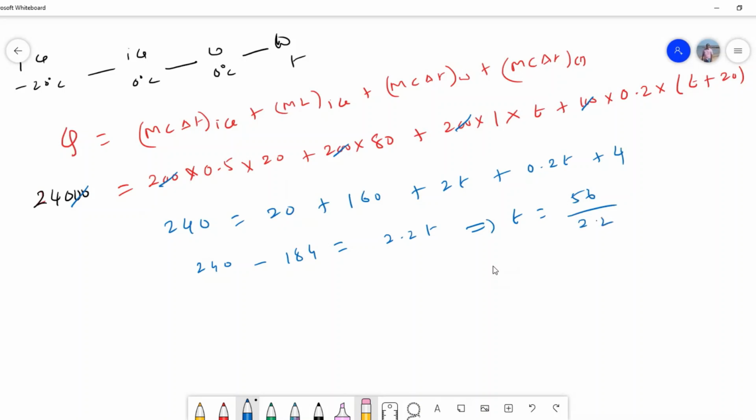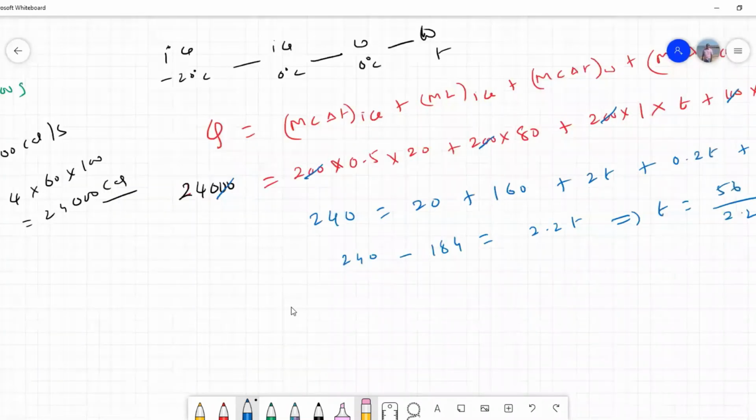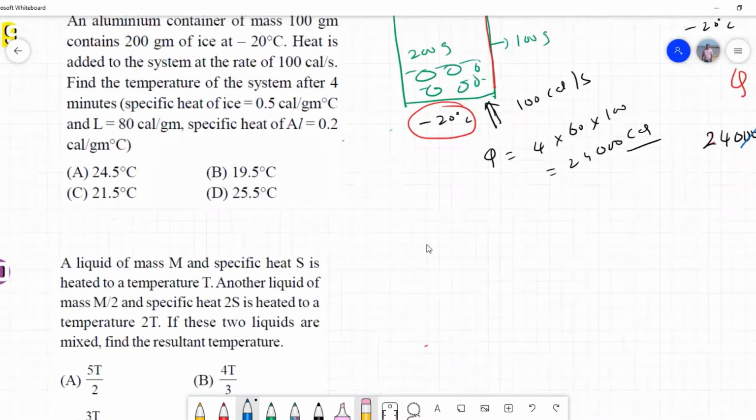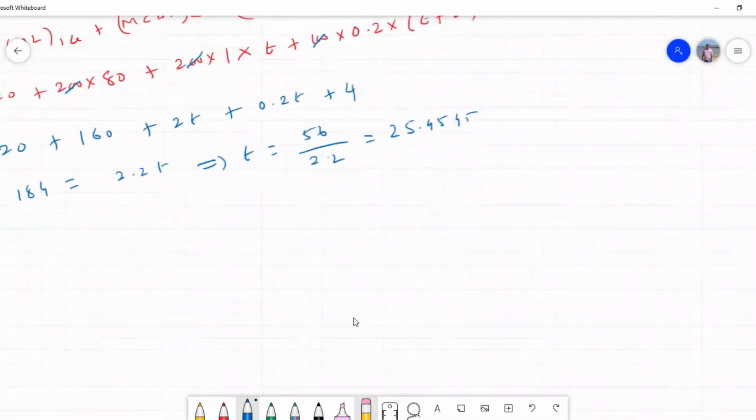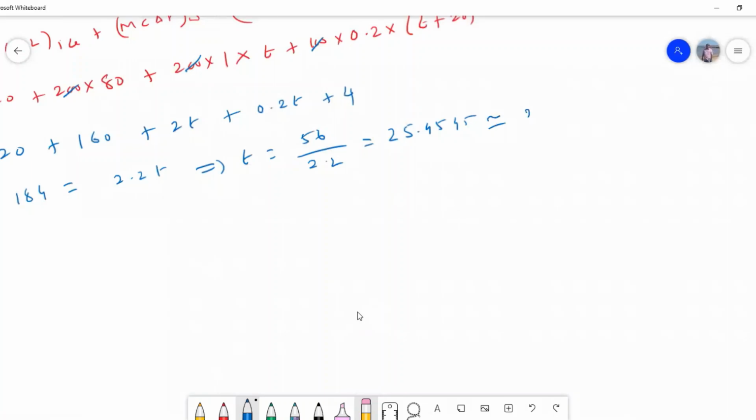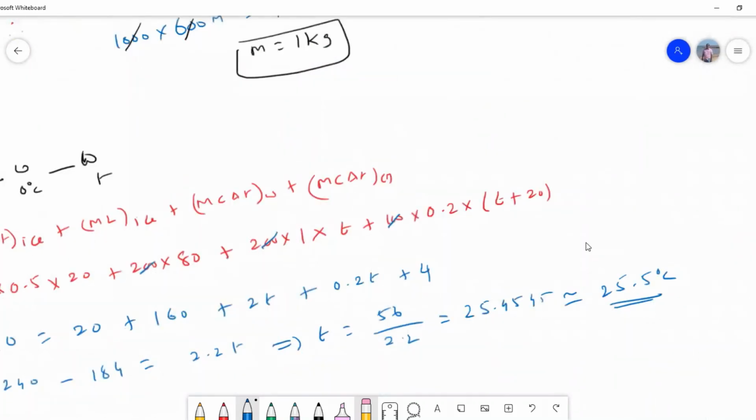So this will be around 25.4545 something we will get. So let's see the options. What are the options given? From that we can say this is nearly 25.5 degrees centigrade.